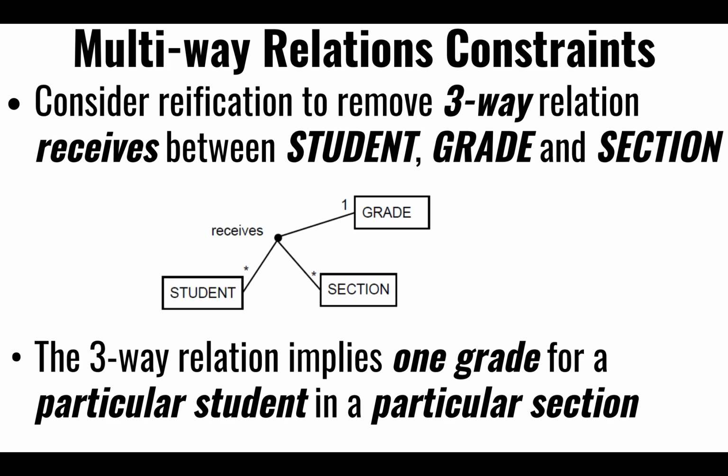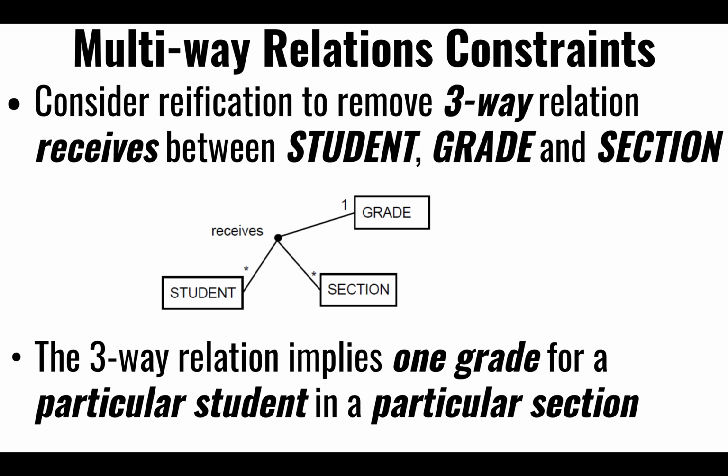We know that a student can be associated with any number of sections. A student can enroll in multiple sections, or you can read it the other way around. If you give me a section, there are many students enrolled in that one section. It's not all the same students, obviously.